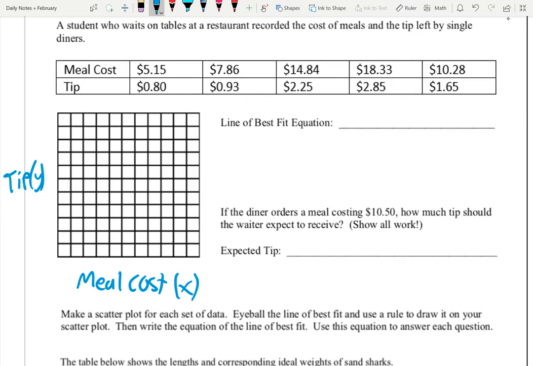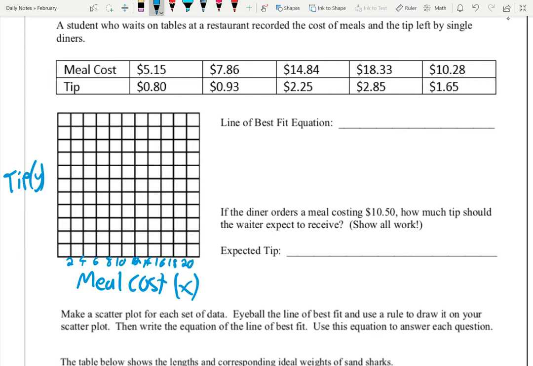So notice meal cost is going $5, $7, $14, $18, $10. If I need to go up to like 20, then I'll go up by about 2. So 2, 4, 6, 8, 10, 12, 14, 16, 18, 20.